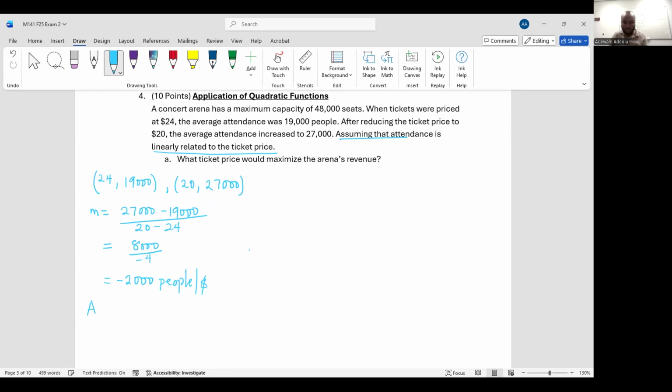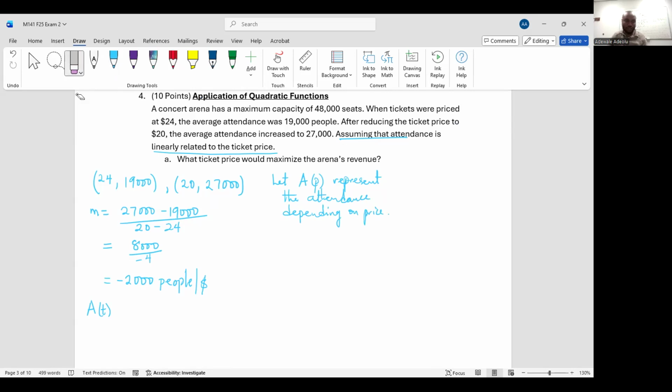Let A represent the attendance depending on price.